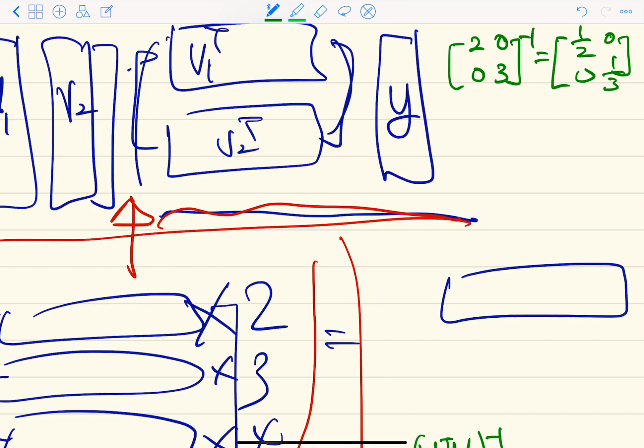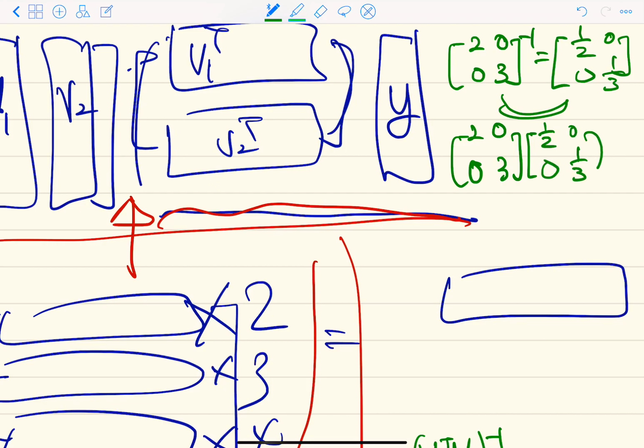If you multiply them together, you can easily verify that they form the identity matrix. We can also understand this from a different perspective that we discussed earlier.